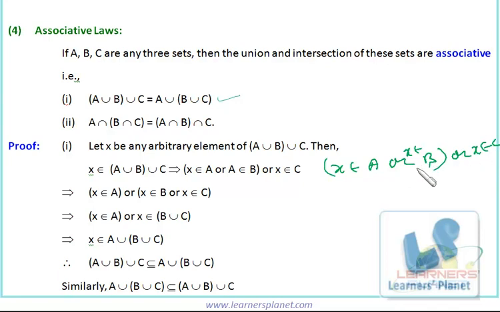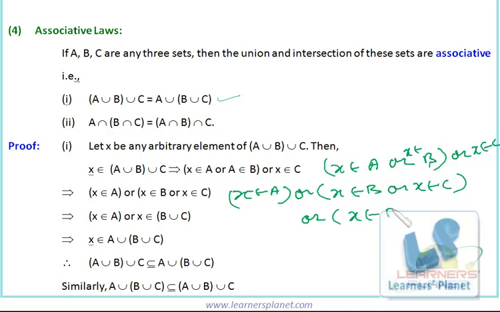Okay, now we can change the order because it's the "or" sign everywhere. So what I can do is X belongs to A or X belongs to B or X belongs to C, right? Now this means X belongs to B union C. So X belongs to A or X belongs to B union C. That means X belongs to A union (B union C).